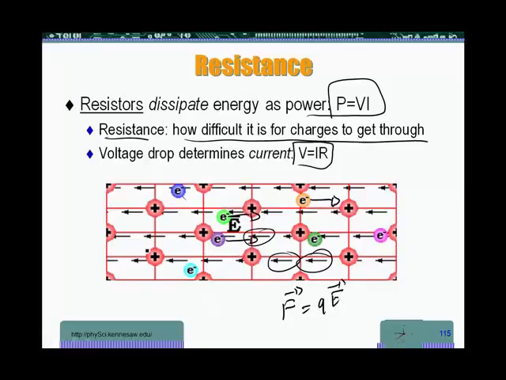Now, as they move, they are going to navigate around ions, the rest of the atom, essentially electrons and the positive nucleus, and they are going to navigate around other electrons. Now, for an electron to move from here to here, it does not necessarily have a straight path.